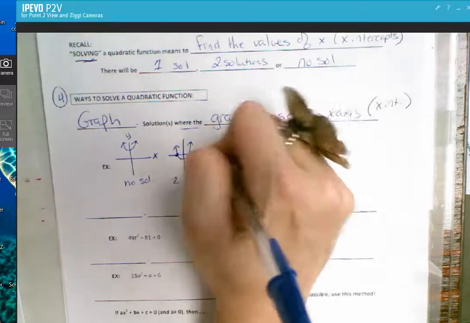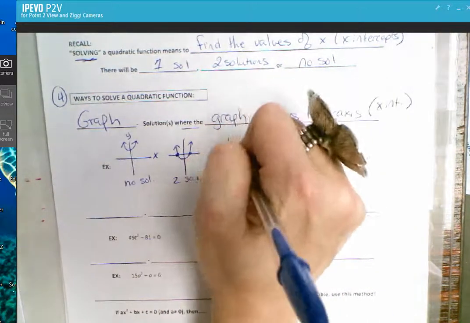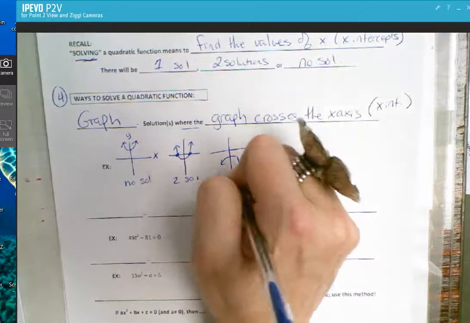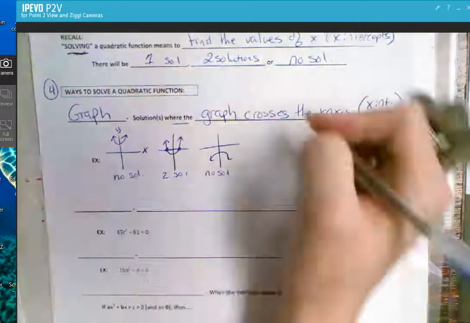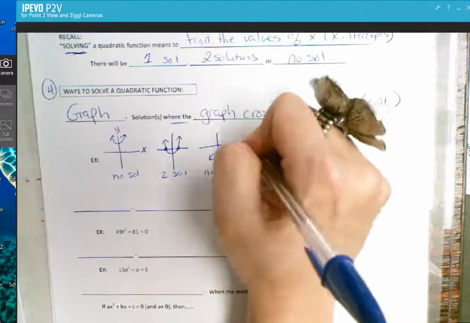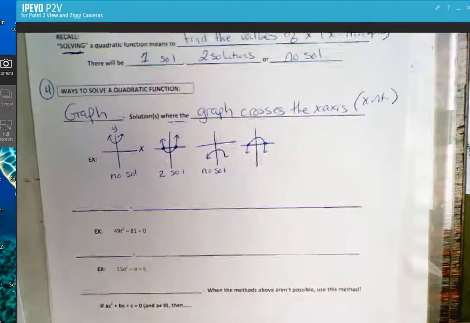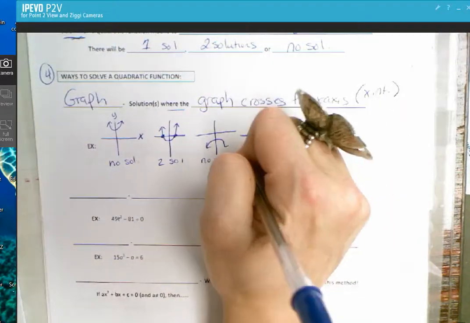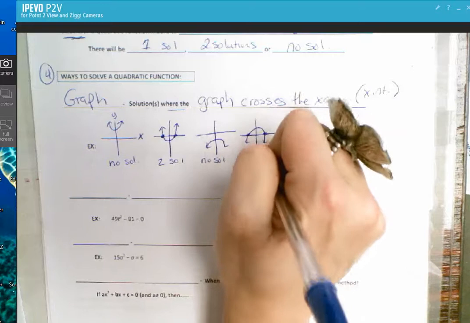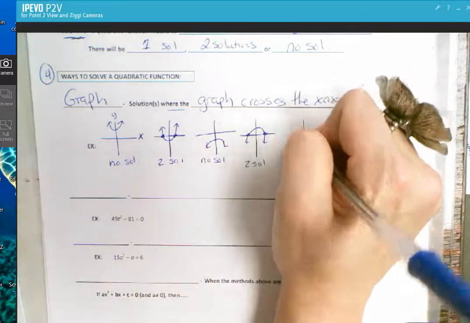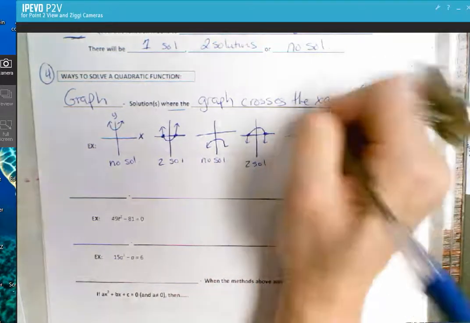I could also have my negative parabolas. I could have no solutions, or I could have two solutions. And the solutions are the x values where it crosses the x-axis. That's two solutions. You could also have one solution.